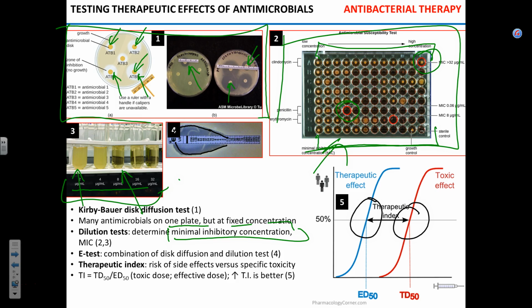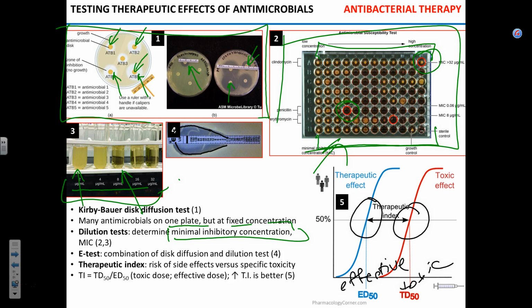So toxic dose, effective dose. Toxic dose, TD50, is the dose of a drug that causes toxic effects, causes toxicity in 50% of patients. Effective dose is the dose that effectively treats 50% of patients.